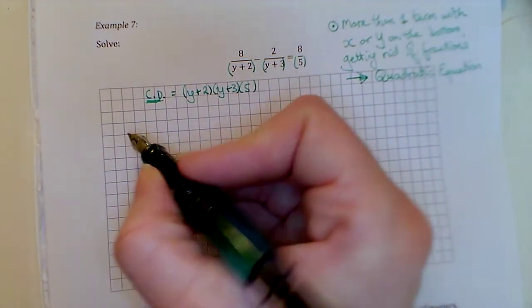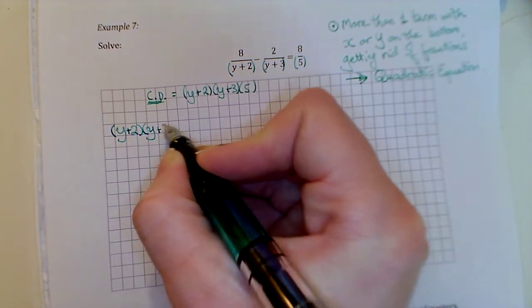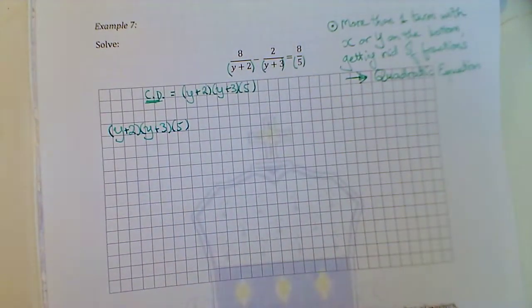My common denominator is y plus 2 by y plus 3 by 5, and I'm multiplying each term in turn.